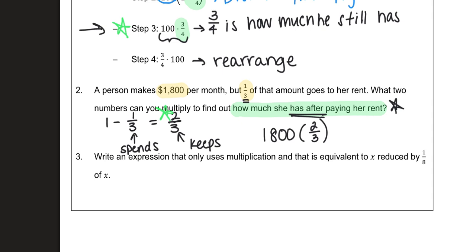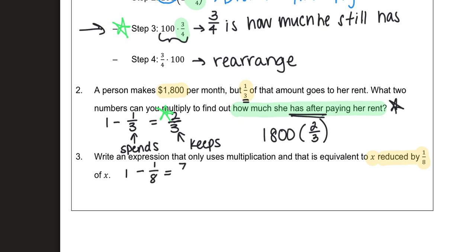Then if we look at number 3, write an expression that only uses multiplication and that is equivalent to x reduced by 1/8. Okay, so we are starting with 1 whole x and we are reducing it by 1/8. So if we're starting with 1, reducing means to subtract by 1/8.